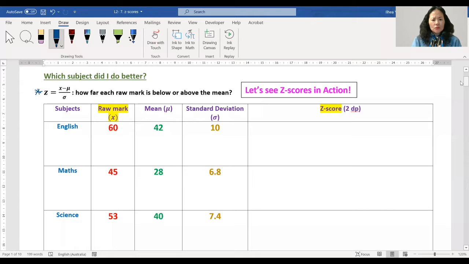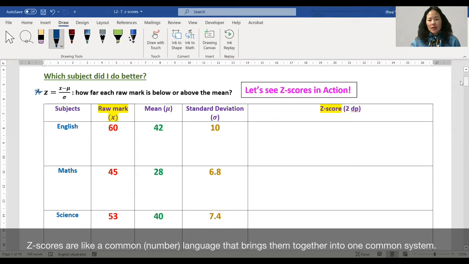These raw marks are the marks that I've got. The total out of something doesn't really matter, whether it's 60 out of 70, 60 out of 100, or 60 out of 90. Z-scores translate it and compare it in 3 simple ways: above the mean, 0, or below the mean.